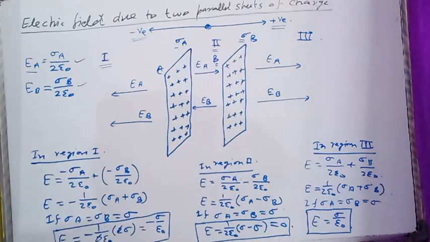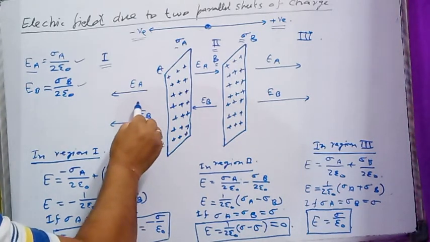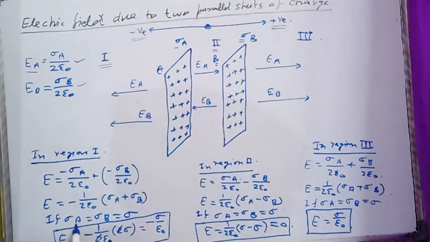So in that situation, what can be the electric field in region 1? E is equal to sum of two electric fields, and it comes out to be minus 1 by 2 epsilon naught common, sigma plus sigma, that is 2 sigma, 2 cancels, and electric field is coming out to be negative of sigma divided by epsilon naught.